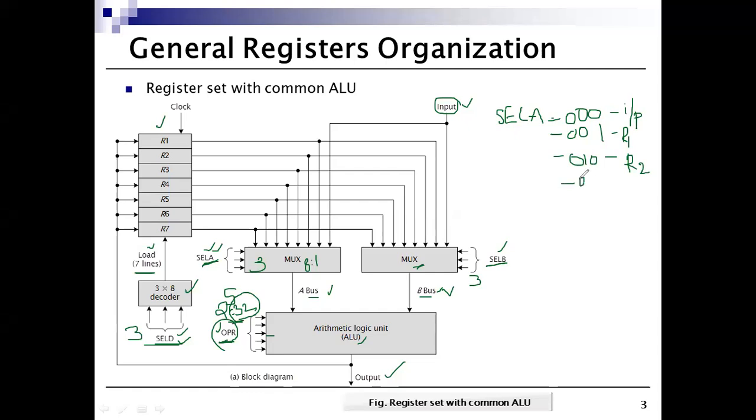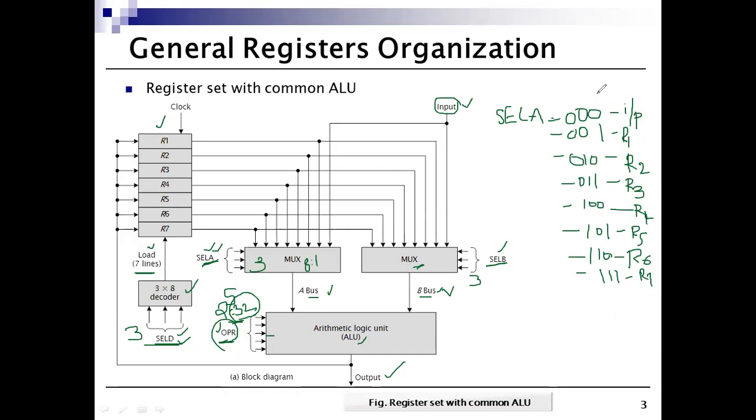If it is 0, 1, 1, R3. Likewise, all the possible 8 combinations are used for selecting any of the registers from R1 to R7, or the input. This is R5, 1, 1, 0 is R6 and 1, 1, 1 is R7.